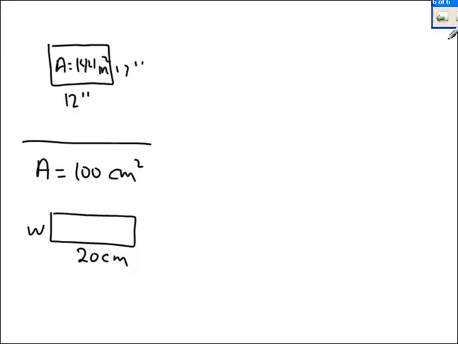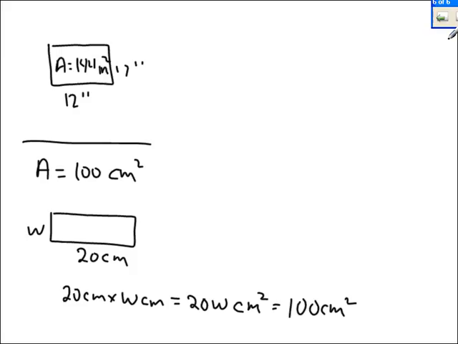Well, one side times the other side. We'll assume the units are the same. On one hand, 20 times W times centimeter times centimeter. It's 20W square centimeters. On the other hand, you were told it's 100 square centimeters.